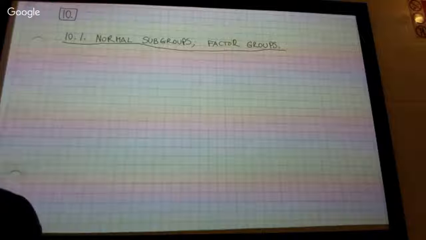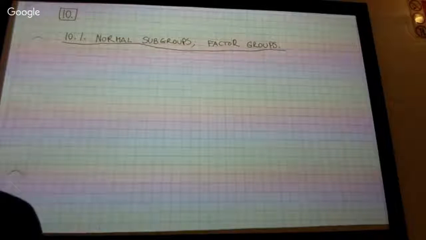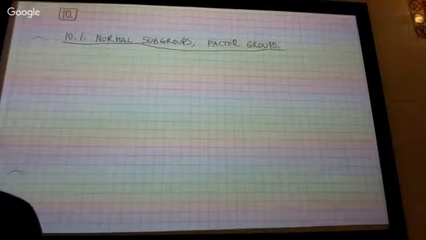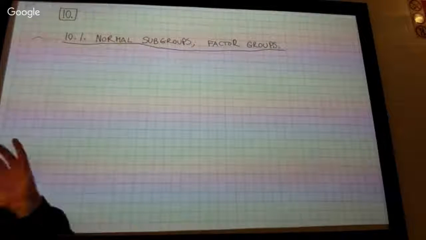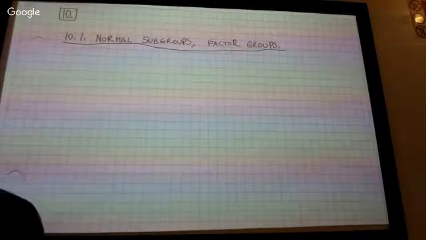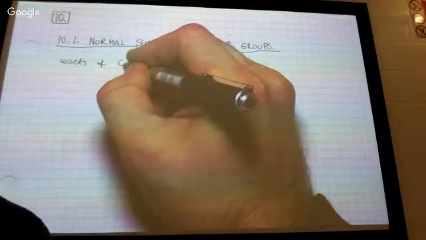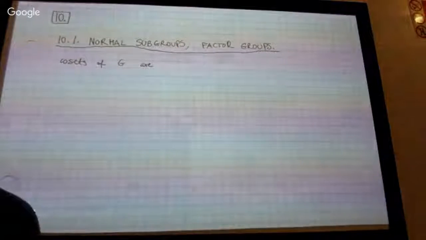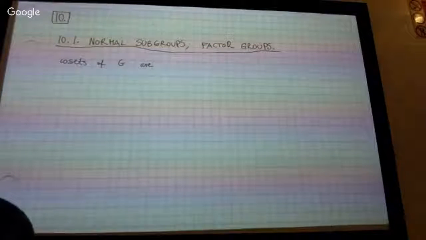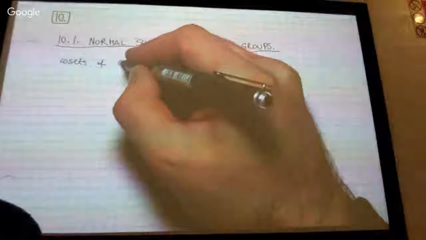Okay, what we had was cosets. Do you remember what a coset is? Partition. Yeah, so each of the parts in the partition is called a coset. You always take an element of the group and a subgroup.